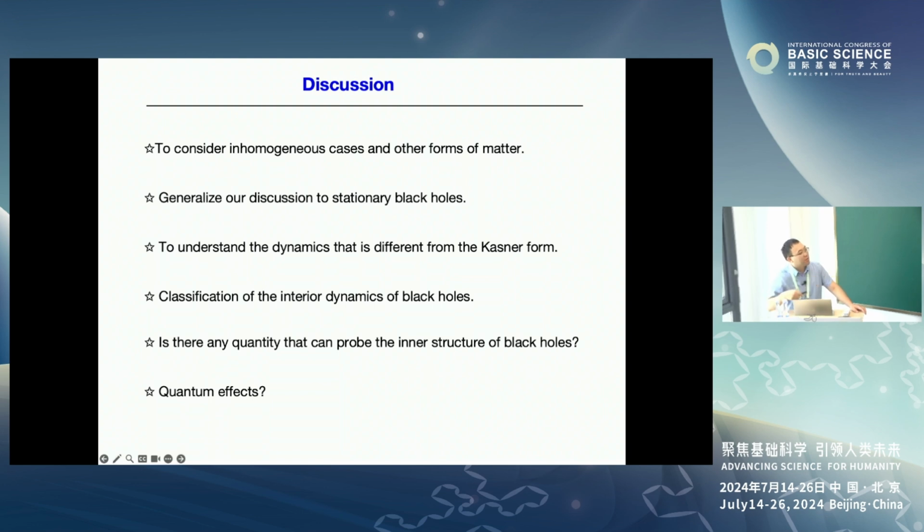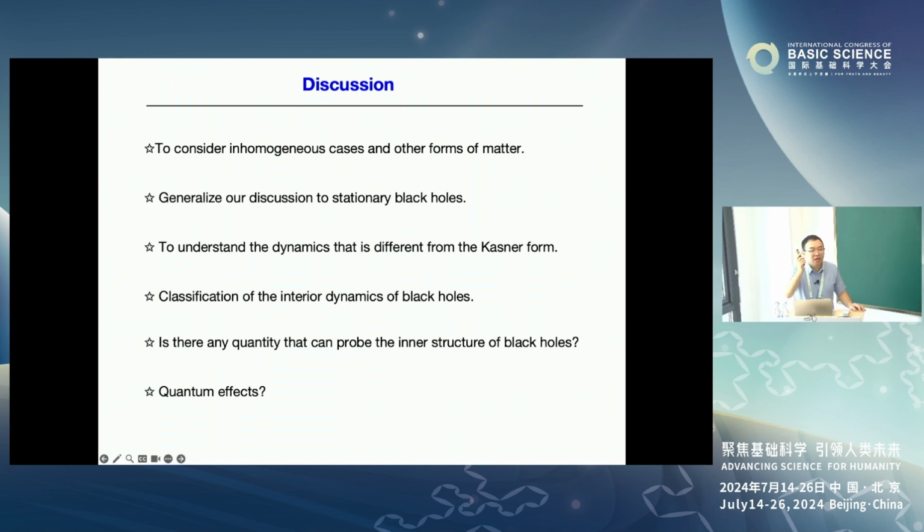Here we consider some simple cases with some symmetry. So how to consider the inhomogeneous case and other forms of matter? And can we generalize our discussion to stationary black holes? So far, we mainly focus on static black holes, with no rotation.